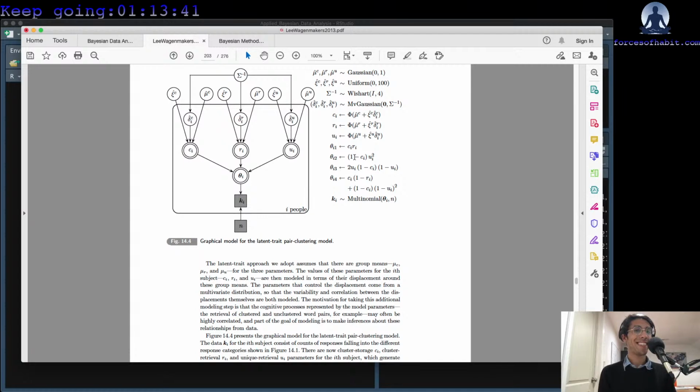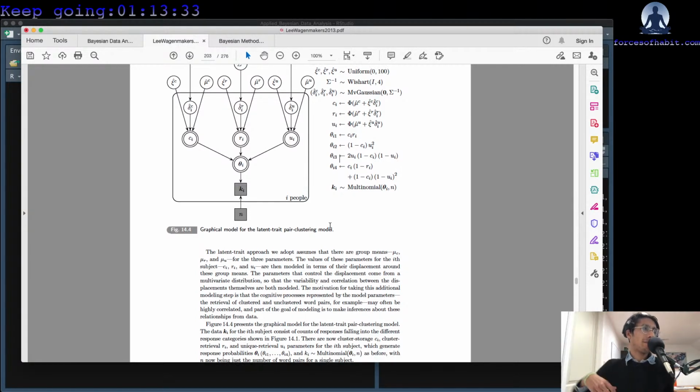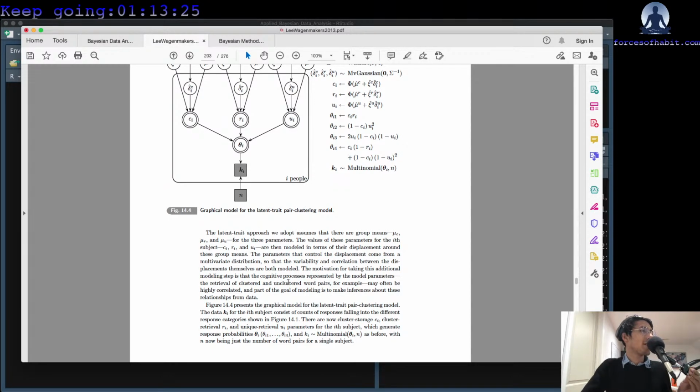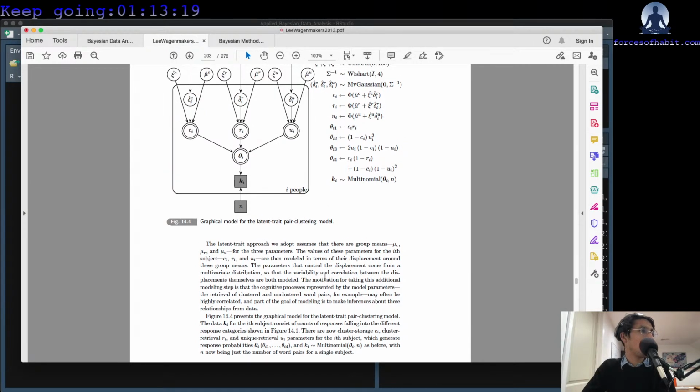All, so now we have to figure out what these group parameters are that are representing variation here. Okay, the parameters that control the displacement come from a multivariate distribution so that the variability and correlation between displacements themselves are both modeled.